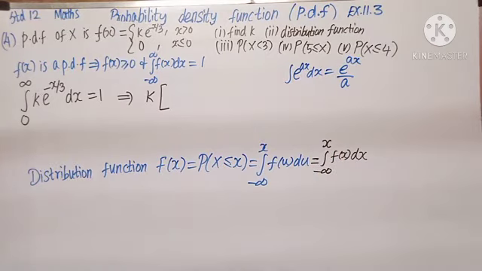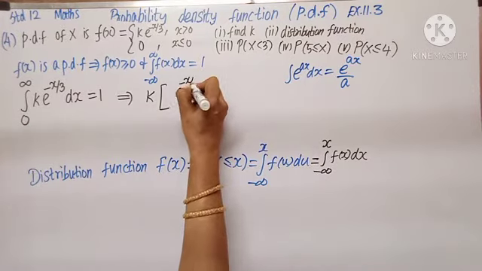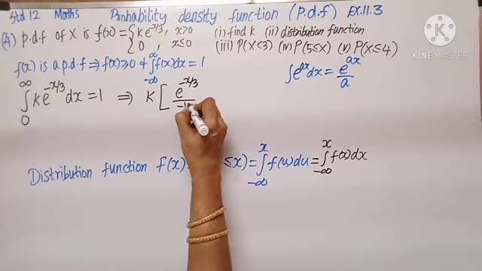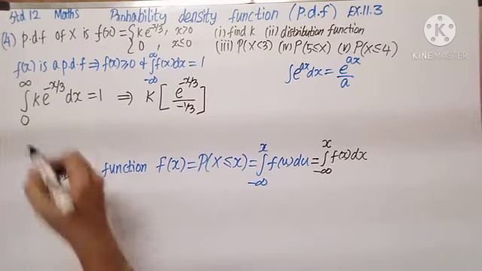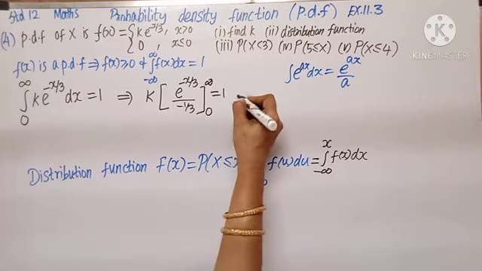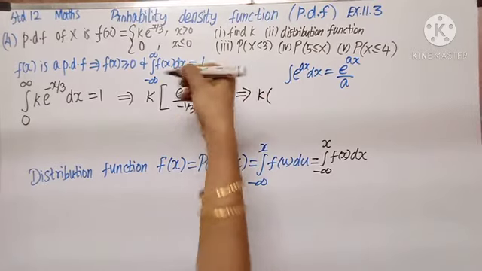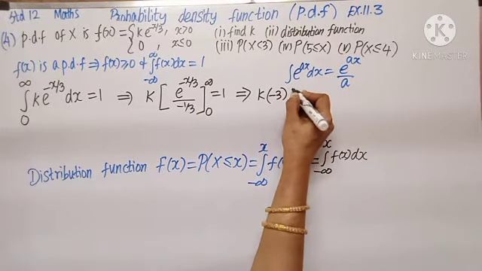Here e power minus x by 3 is coming. As I integrate, e power minus x by 3 divided by minus 1 by 3, between the limits 0 to infinity, that is 1. So we get k times minus 3, when I reciprocate minus 1 by 3.